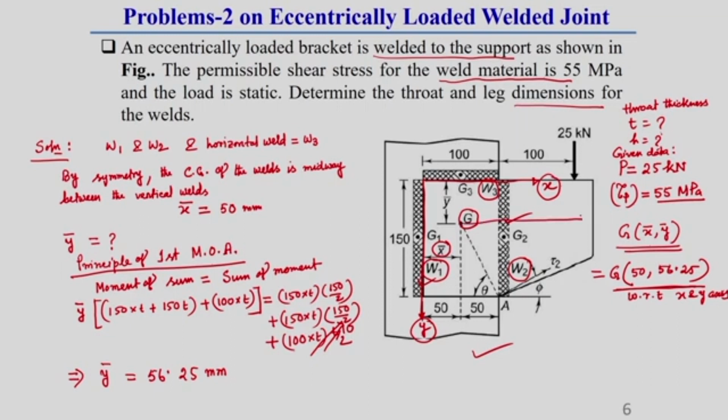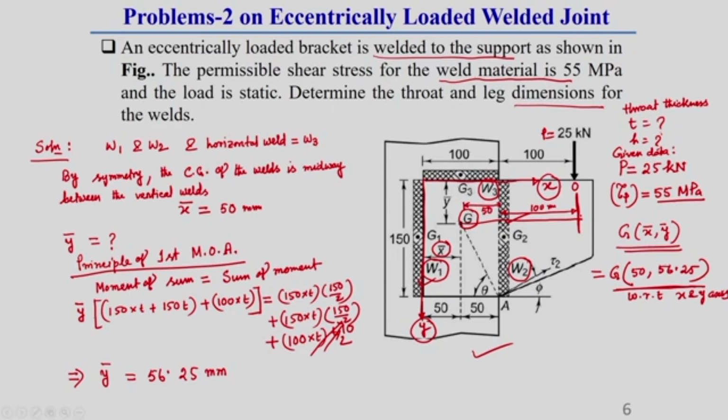E is the position of load P. You see, the perpendicular distance from the load P to the CG: from here to this weld, it is 100 mm given, and from here to here is the mid length, which I already showed, is 50.